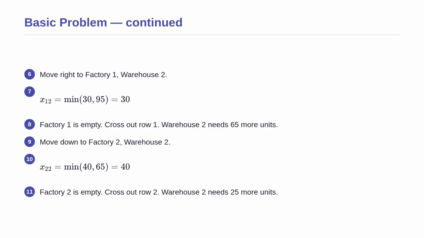Factory 1 is now completely empty, so we cross out the first row. Warehouse 2 still needs 65 more units. Because the first row is crossed out, we move down to Factory 2. Factory 2 has a fresh supply of 40 units. Comparing 40 and 65, we allocate 40 units. Factory 2 is now empty, so we cross out the second row.